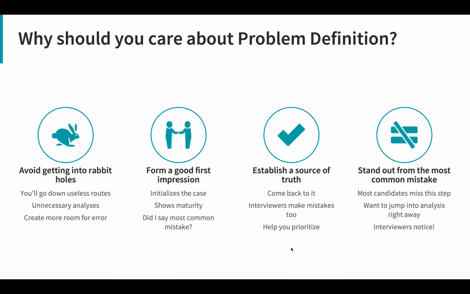So when also in an interview you're running into a wall or something and your interviewer made a mistake, and that happens, by the way, you can come back to the problem definition and say, hey, I thought we were focusing only on margins for now. Should we drill into something else? If you had defined the problem to be margins. And that will help you avoid going into these useless directions. So it's a single source of truth, essentially.